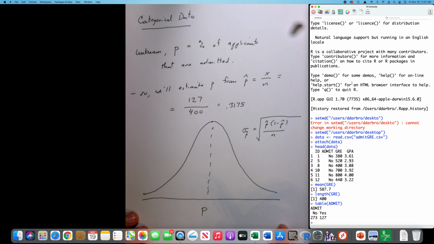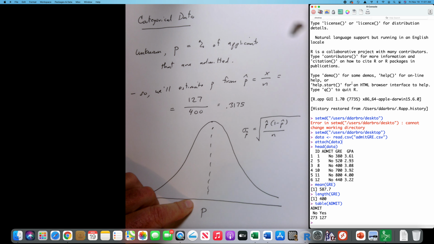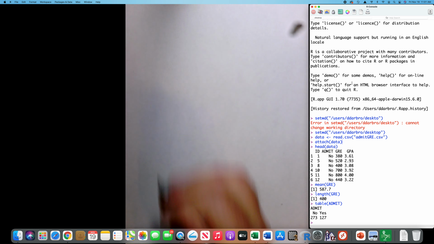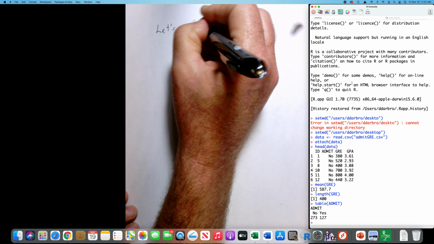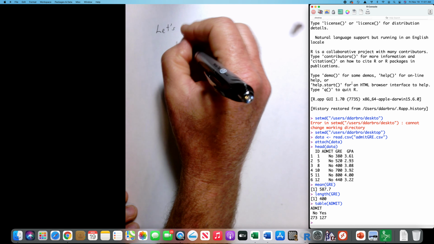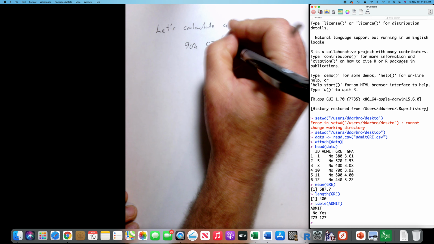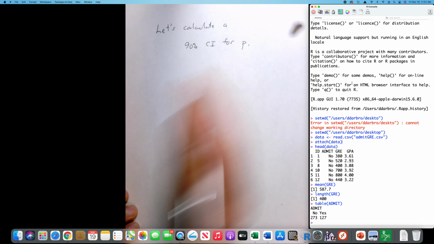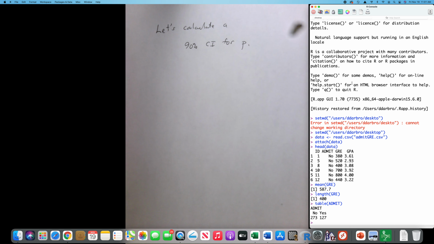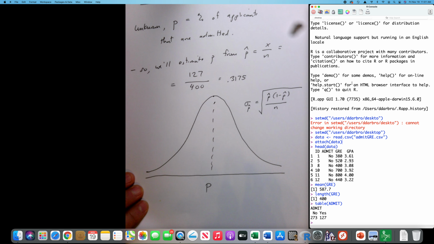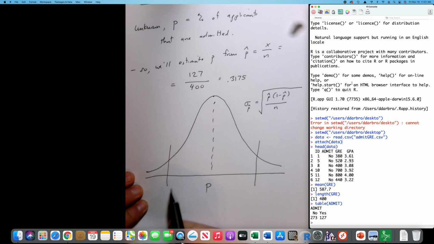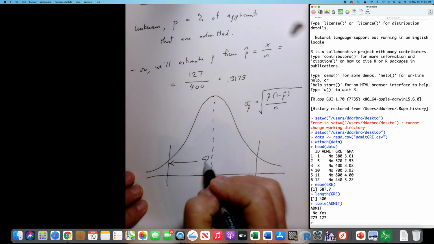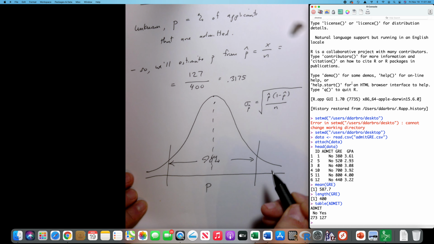So let's calculate a 90% confidence interval for P hat. Well, a 90% confidence interval is going to have a different Z critical than a 95%.